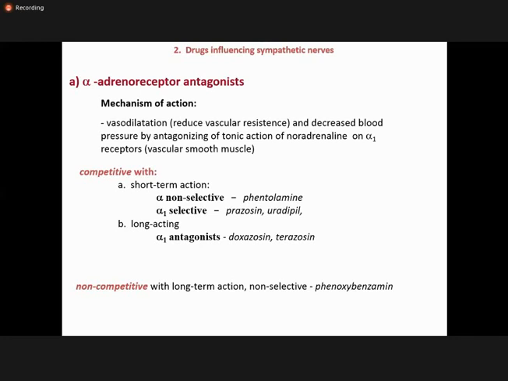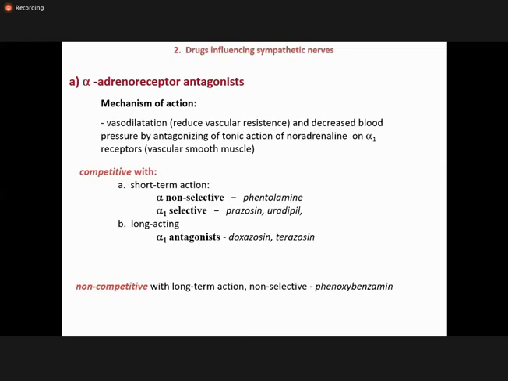And the alpha 1 selective drug is prazosin. This is very important, and it is one of the drugs used in our clinical setting. Prazosin: alpha 1 selective antagonist, short-acting. Long-acting, again alpha 1 selective: doxazosin and terazosin. So these three examples, prazosin, doxazosin, and terazosin, are the alpha blockers that we are using clinically.